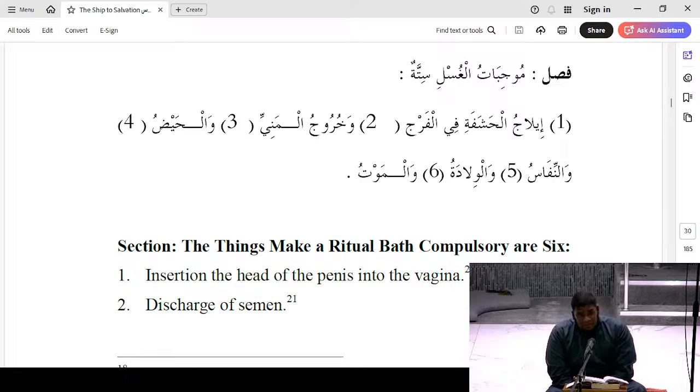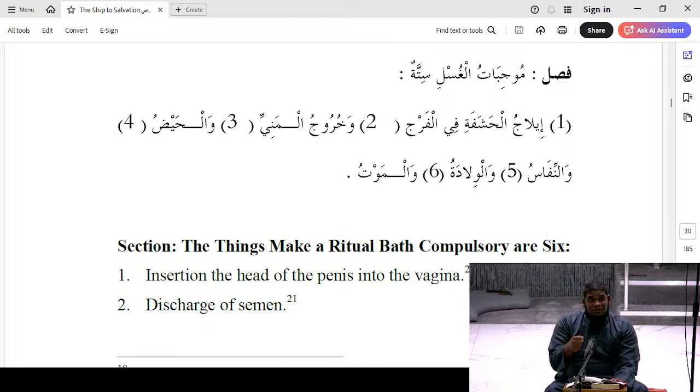On male and female: وَخُرُوجُ الْمَنِيِّ, the coming out of the discharge of semen. Khair, inshallah. So you get semen and you get different types. How do I know when it's semen? Ma'in dafiq. One of the qualities of semen is it comes out with force.